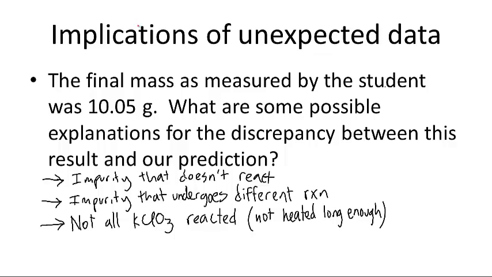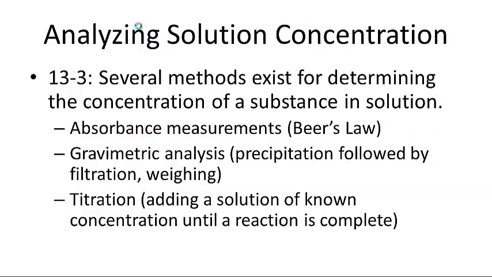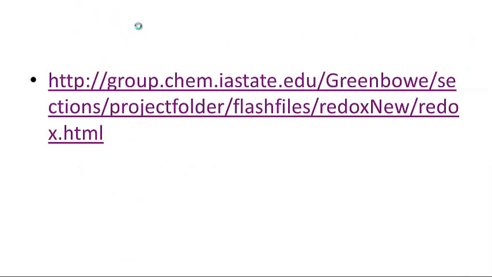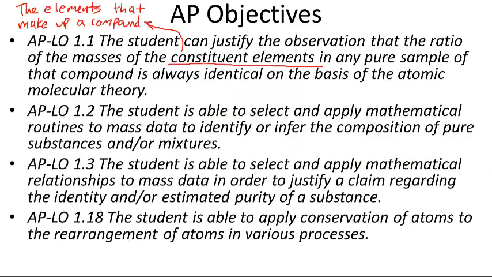So I think there's two parts to this objective. The first part saying make a claim regarding the identity of a compound. So if you had a compound and you were unsure of what the ratio of one element to another was, you could do an experiment and get the ratio and then say, oh, this is what the empirical formula is.